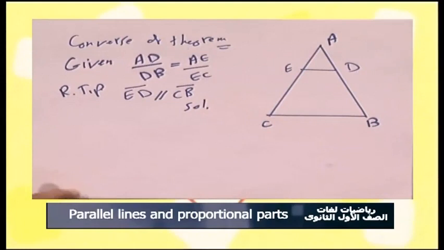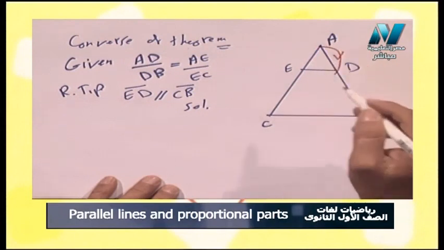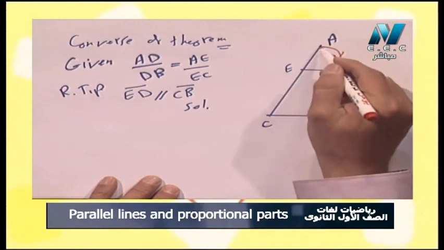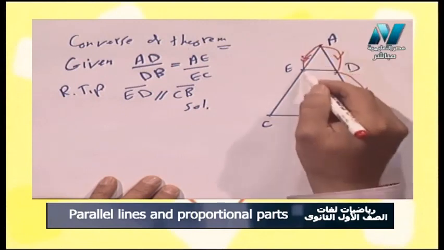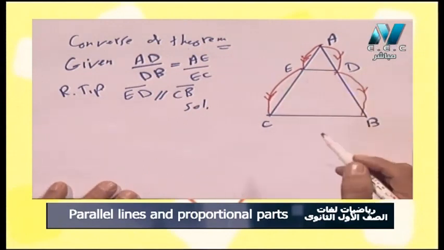Solution. We have here AD over DB, as given, equals AE over EC, and we would like to prove that ED is parallel to CB.